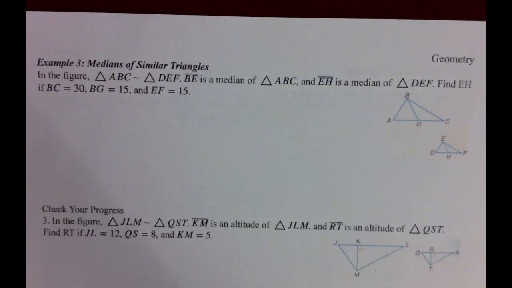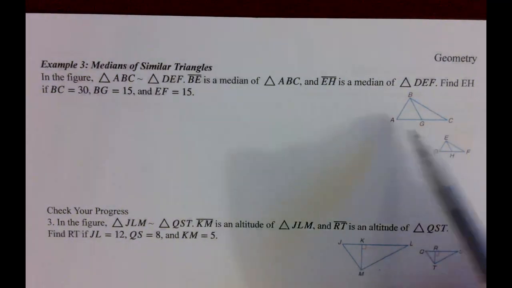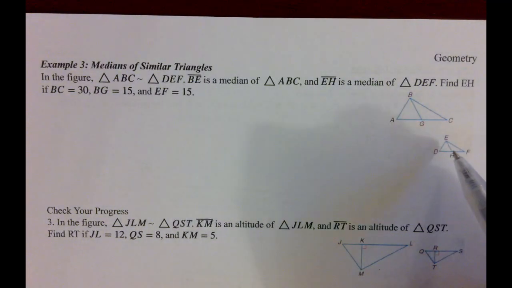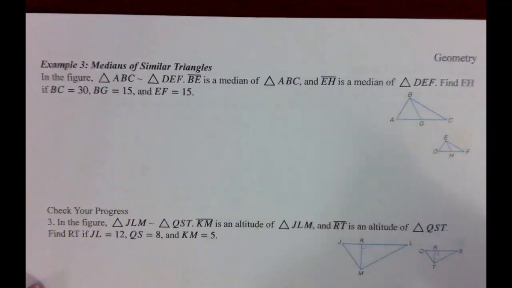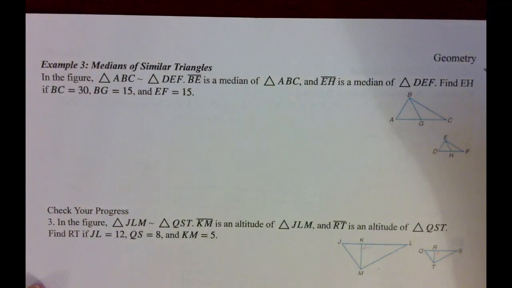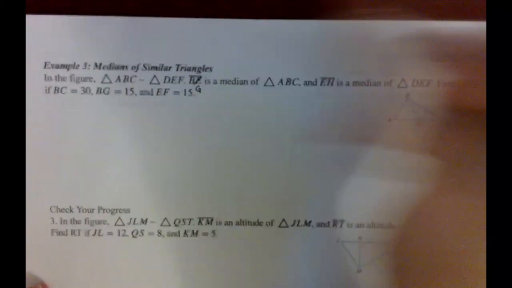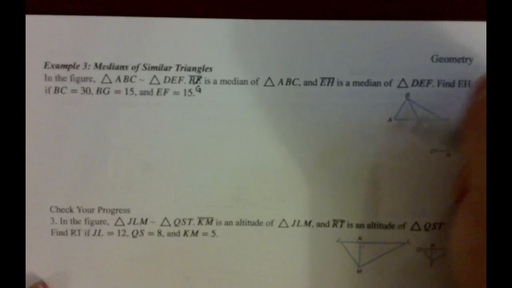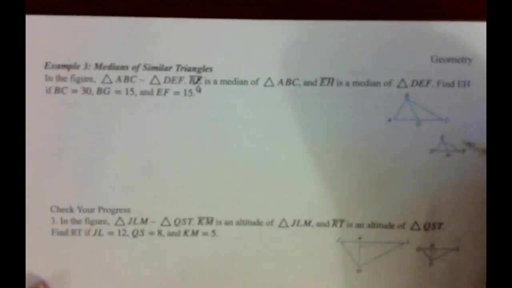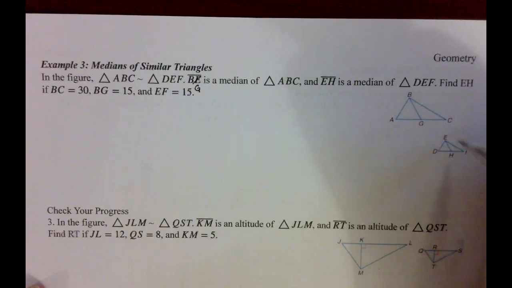So in the figure, triangle ABC here is similar to triangle DEF. BG, so this is a typo, sorry. BG is a median of triangle ABC, and EH here is a median of triangle DEF.